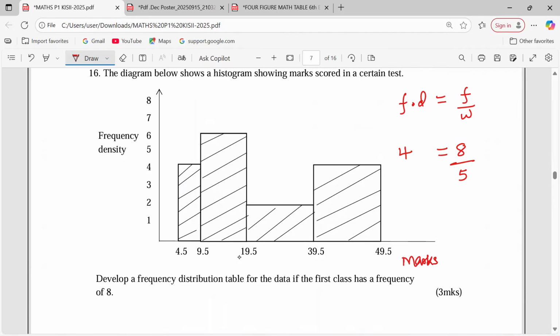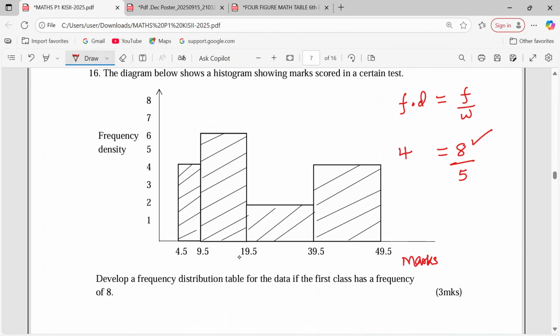Which must have been multiplied by a certain constant. Because naturally, we should be able to say that frequency over class width, that is 8/5, equals 1.6.